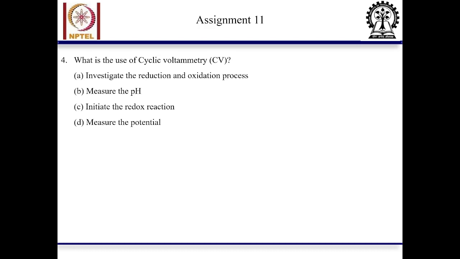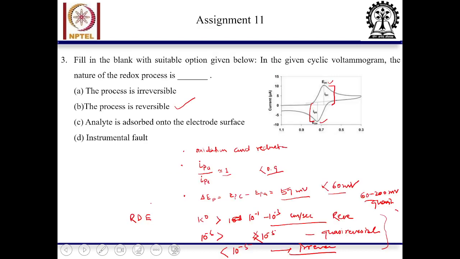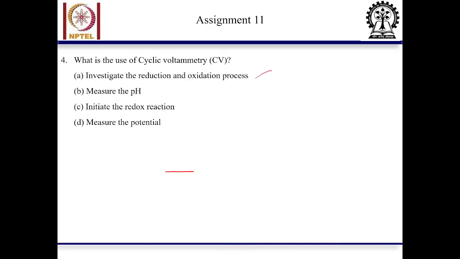Rama sir is also saying that option A is correct, because this is used to investigate the oxidation and reduction process. Measuring the pH is done by a pH meter, initiating redox reactions is like a catalyst, and measuring the potential is not a valid option.